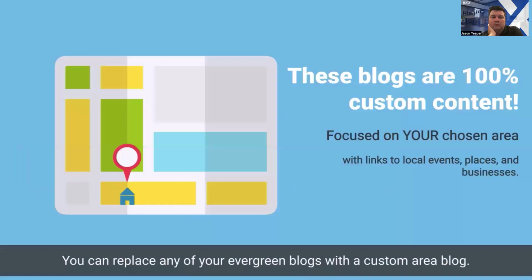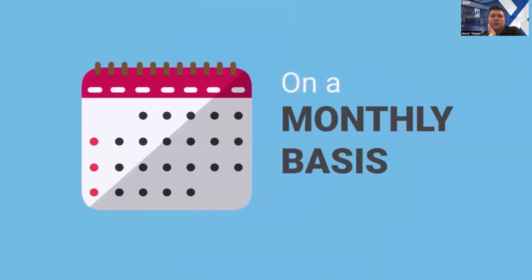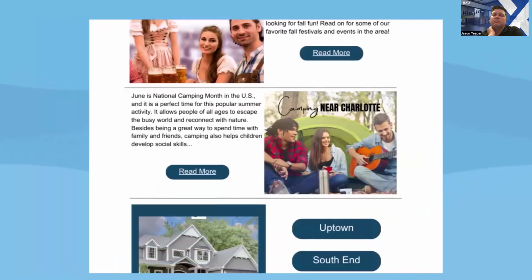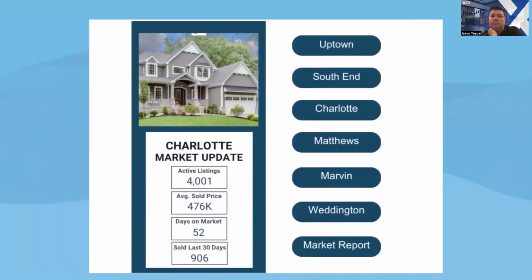You can replace one or all of your evergreen blogs with a custom area blog. Please note that we don't offer blogging separately from a newsletter subscription. On a monthly basis, we'll add new blogs to your website, replace the blog graphics and links to your newsletter, and update the market report graphic with current data.